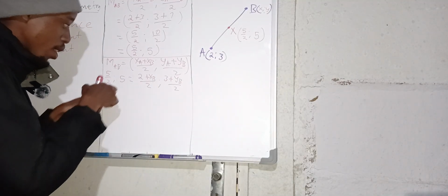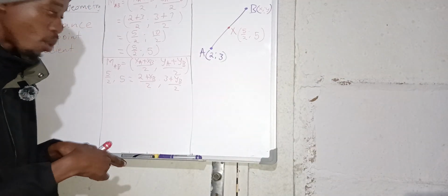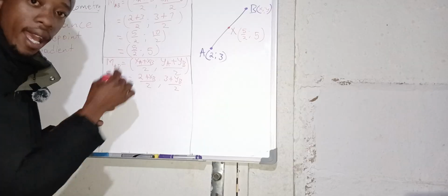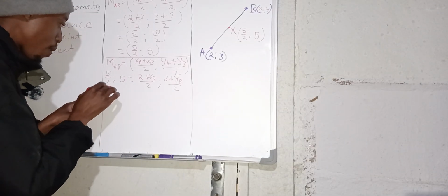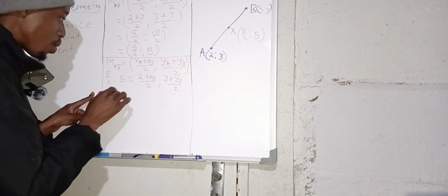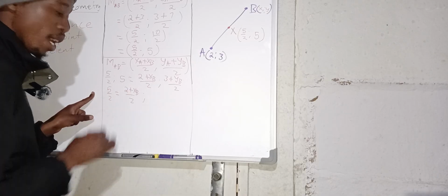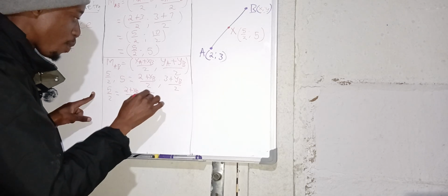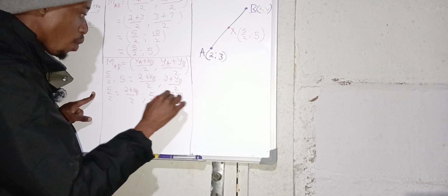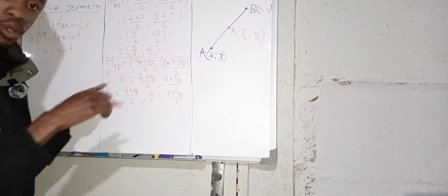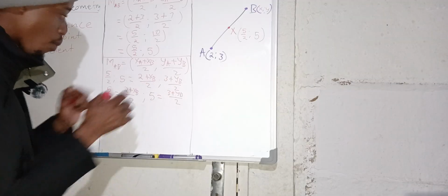What we are supposed to do is equate X's with X and Y's with Y. I'm going to say 5 over 2 is equal to 2 plus XB all over 2. Then 5 is equal to 3 plus YB all over 2. Then from here, I'm just solving algebraically to find XB and then YB.